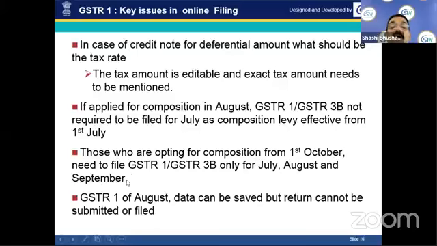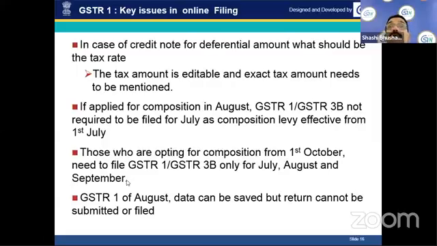Now, some people who have filed their GSTR 1 of July are entering data in the GSTR 1 of August month. Our system is allowing people to save data, but it is not permitting them to submit it, because this submission can happen only after the filing of GSTR 3 of July, and the due date for filing GSTR 1 for August will be made available soon.